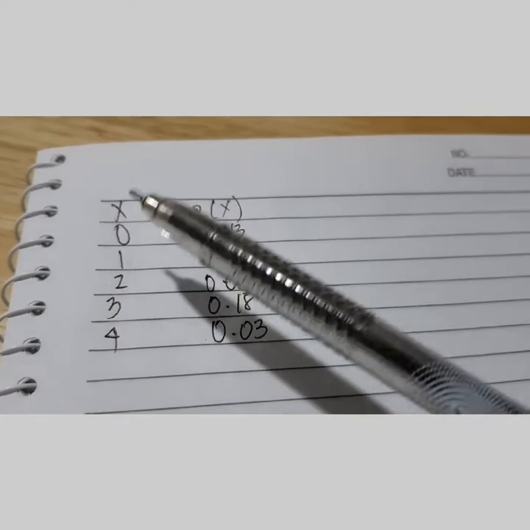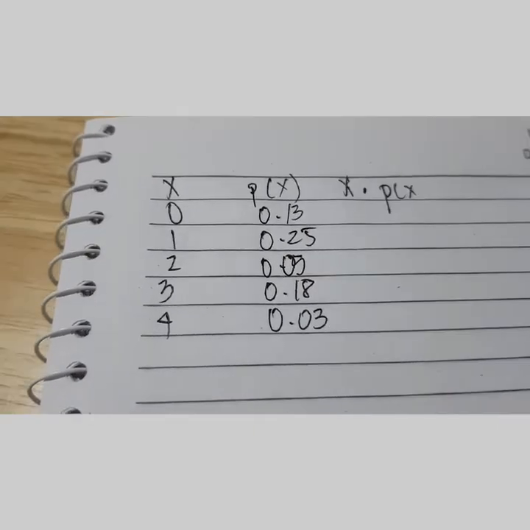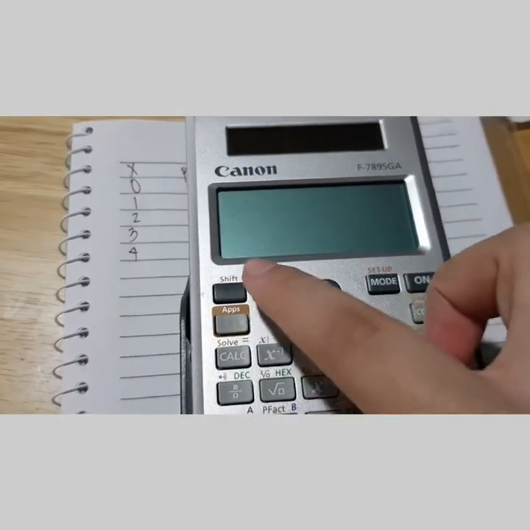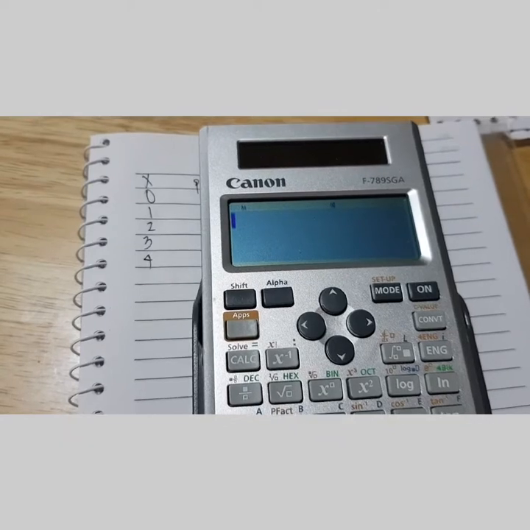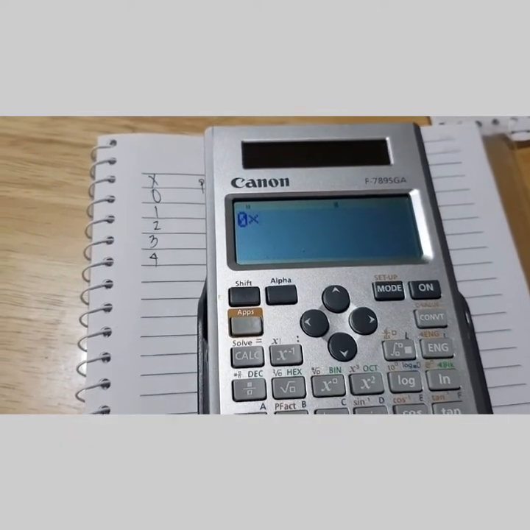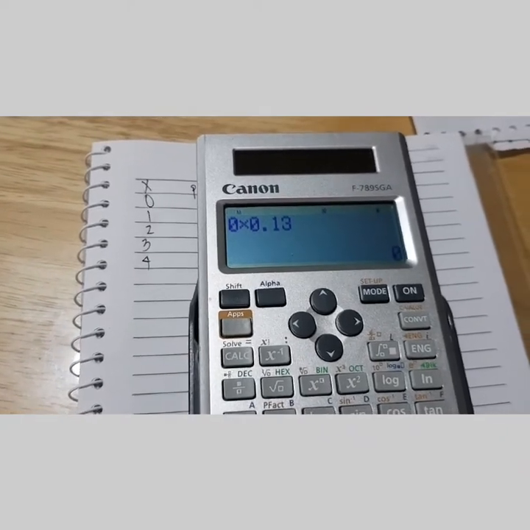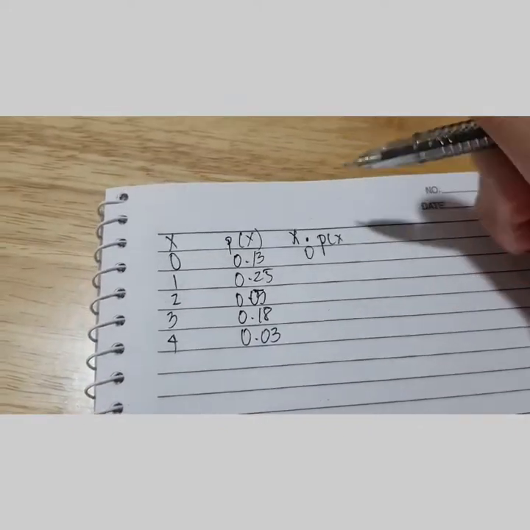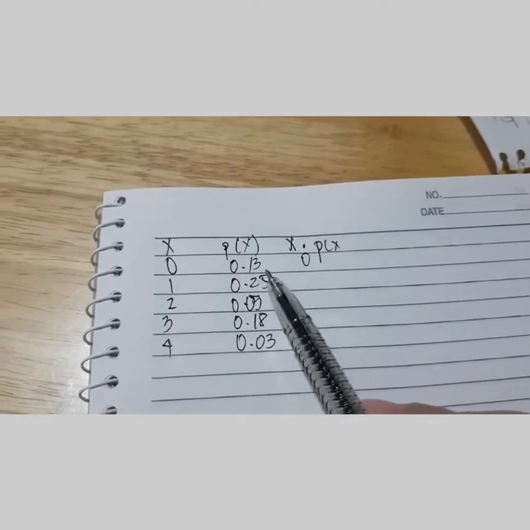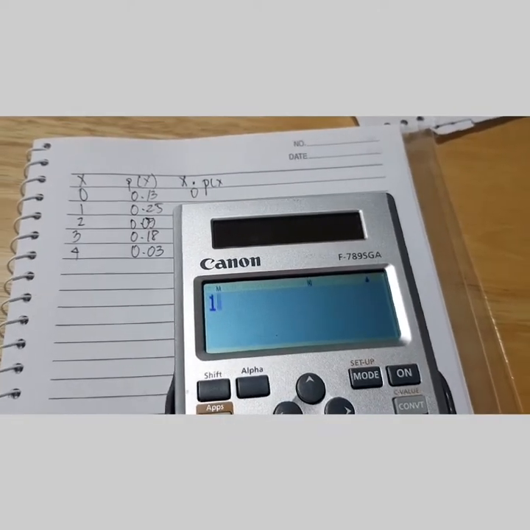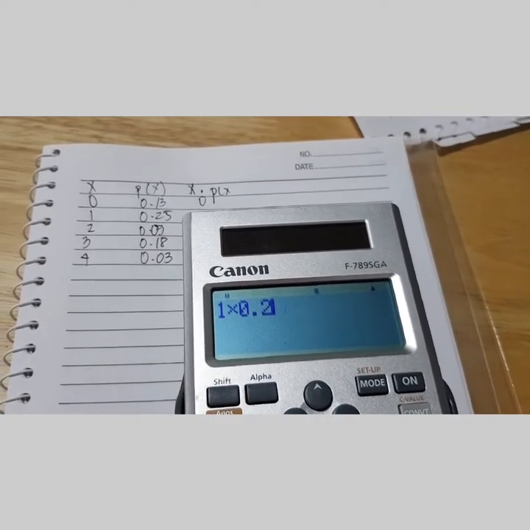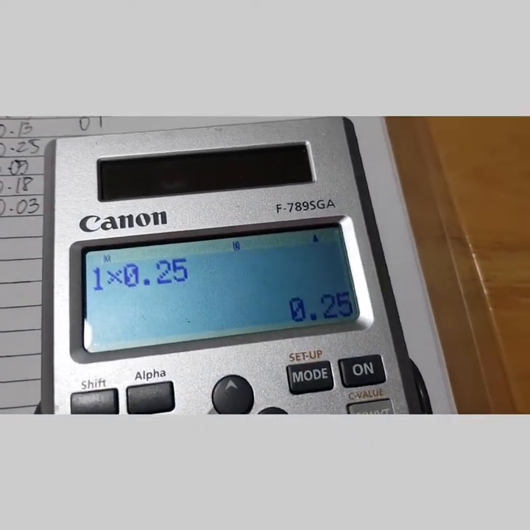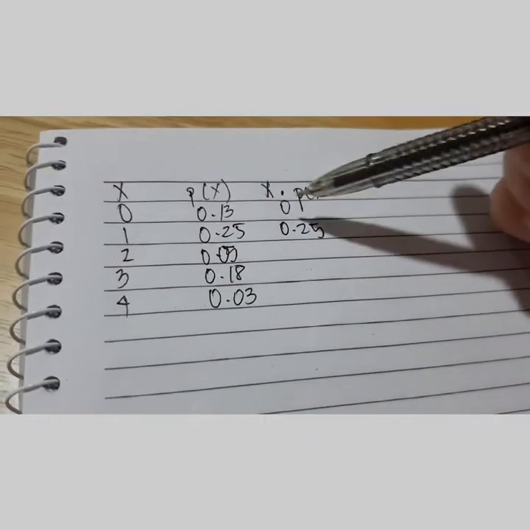To get the mean, we multiply x by the probability of x. First is 0 times 0.13, which is equal to 0. Second is 1 times 0.25, which is 0.25.